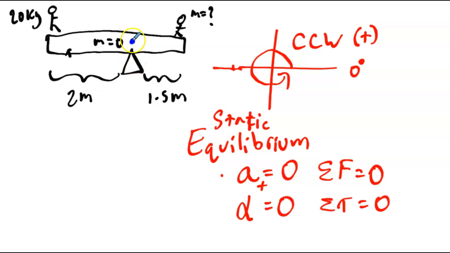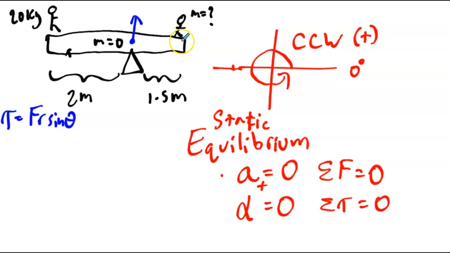So if I choose this to be my center of rotation, can we see that this support is not going to provide any torque? Because the distance is 0. It applies an upward force, but this is also my center of rotation, so that R is going to be 0. Torque is equal to F R sine theta. So R is 0 for this force.